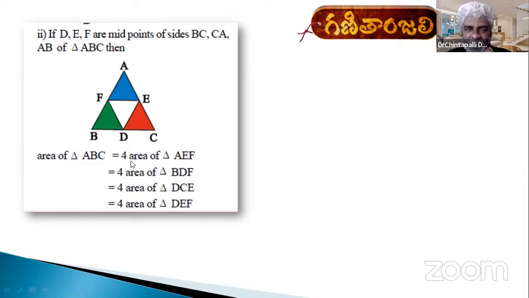If you want to know the area of the big triangle, just multiply the inner triangle by 4. If you want to find the area of triangle AEF, it is 1/4 of the total triangle. Got it?